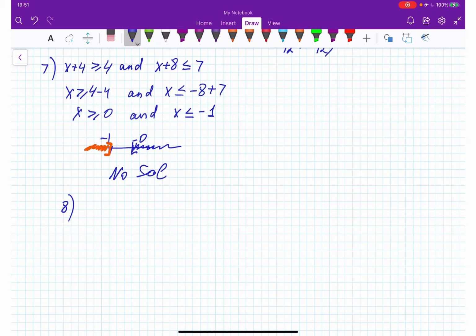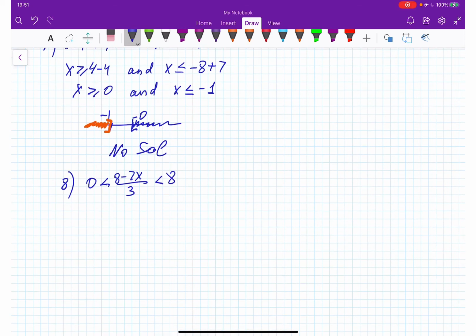We have 8 minus 7x over 3, greater than 0 and less than 8. We need to bring in a common denominator. Here is 3, here also times 3, here also divide by 3 and then times 3. 3, 3, 3, we drop it.